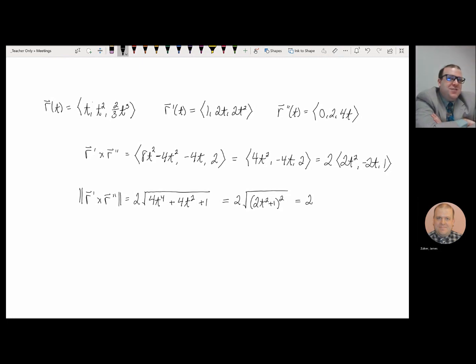It's not just because the t is being squared. It's also because you're adding 1, right? Right, 2t squared plus 1 will always be non-negative. Actually, always positive. You'll never get 0 out of it either. And I'm going to just drop the absolute value.